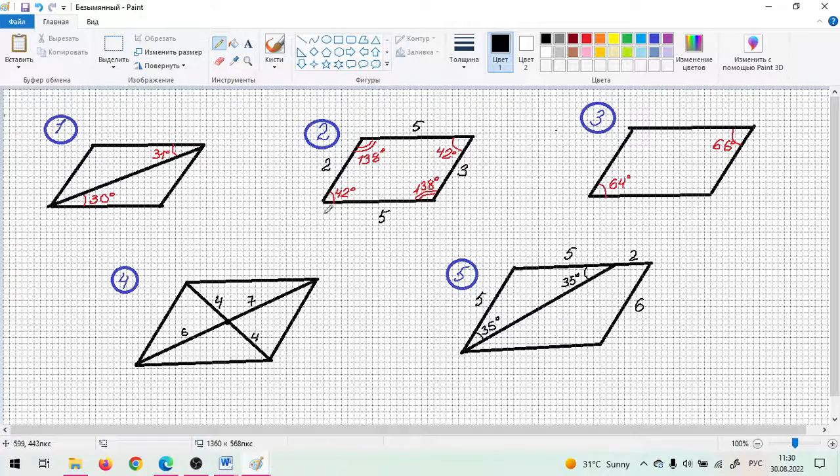And the last one. This segment formed an isosceles triangle because then these base angles are equal. So these sides of a triangle must be equal.